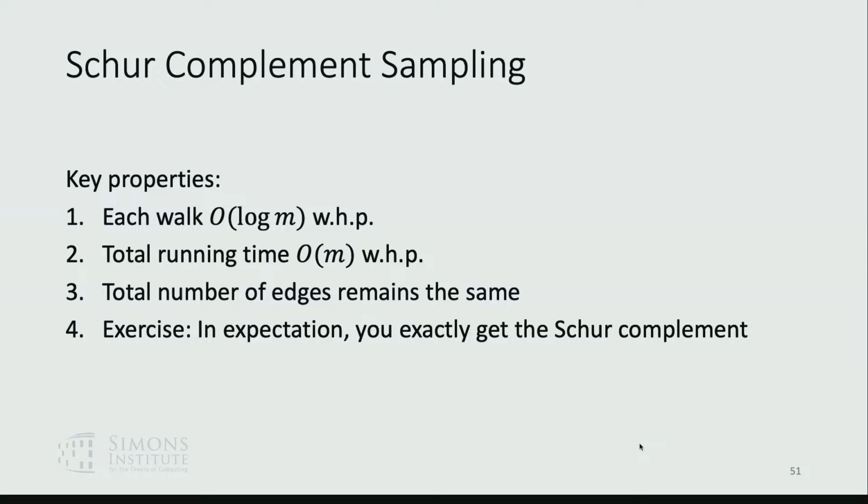The only piece we need to work through is whether we can ensure that each of the samples has a small norm, that each of the samples has a small leverage score. If it has a small leverage score, then we're done. Then you've actually built a spectral approximation to the Schur complement. It's a very simple proof from here.